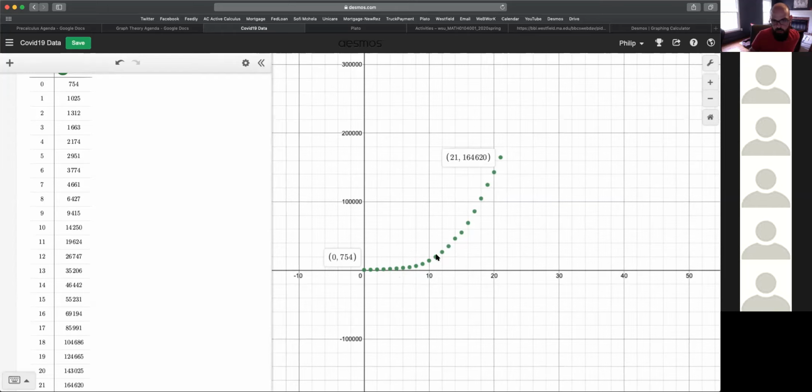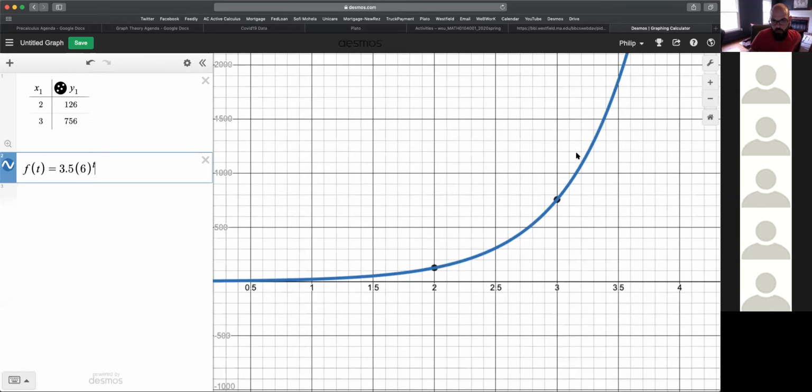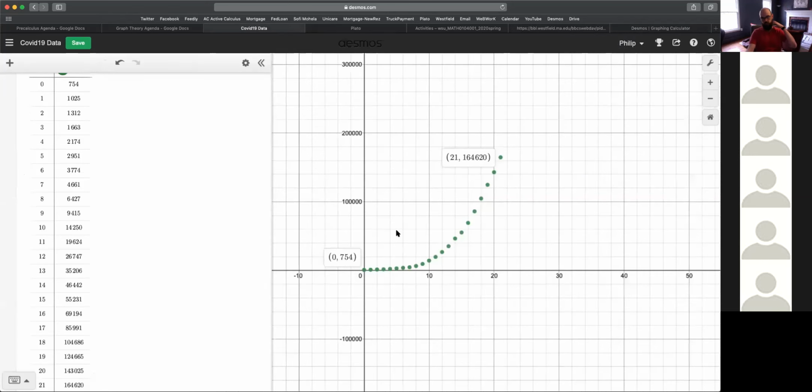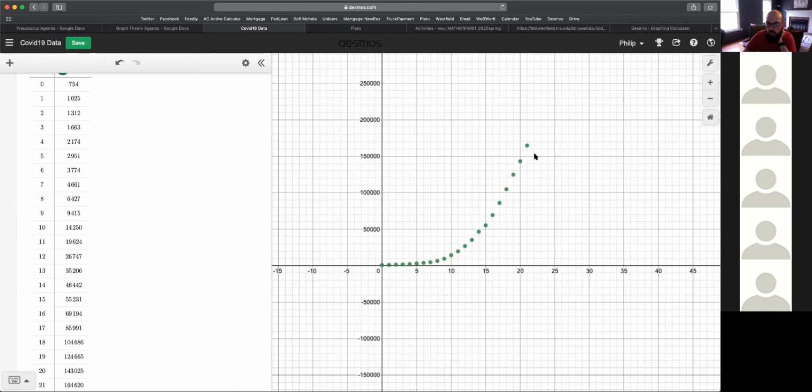If you look at this shape, we get that characteristic exponential growth shape, which looks a lot like this exponential function. We're modeling how these cases are growing. So we can use an exponential model and say this thing is growing exponentially.